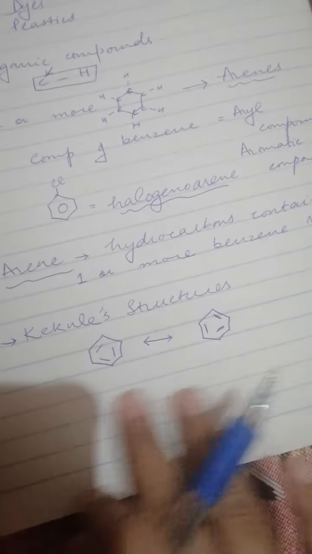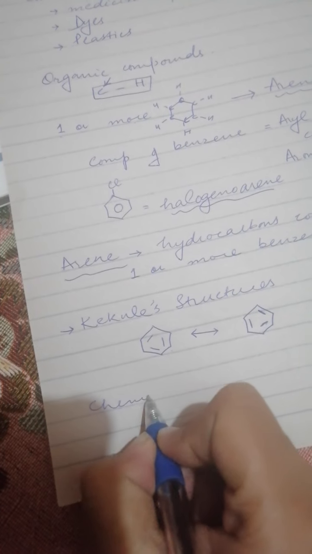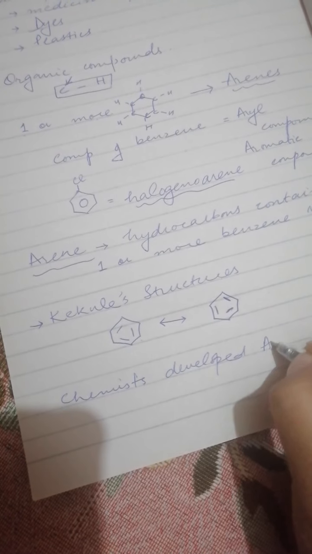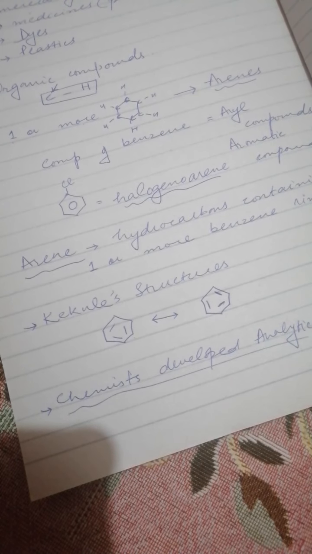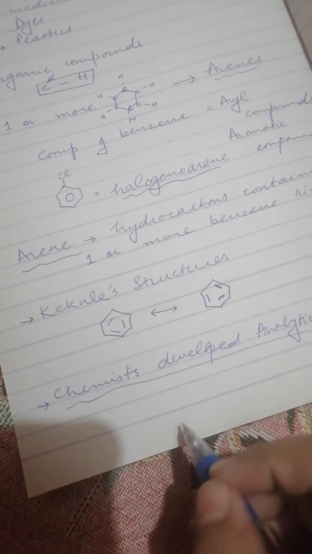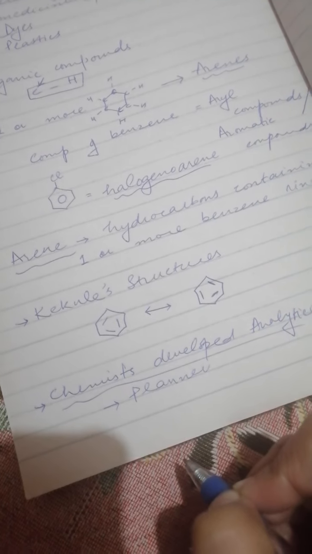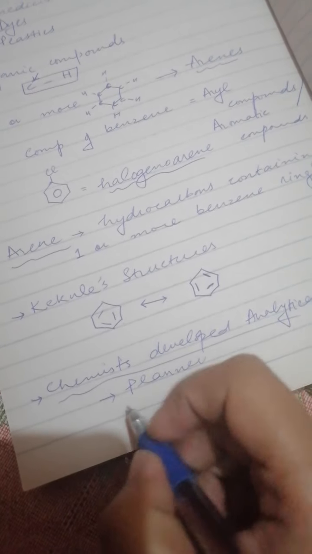But this was about the structure of benzene. Again, chemists developed different analytical techniques, and they found out that the benzene molecule has a planar structure and is perfectly symmetrical.